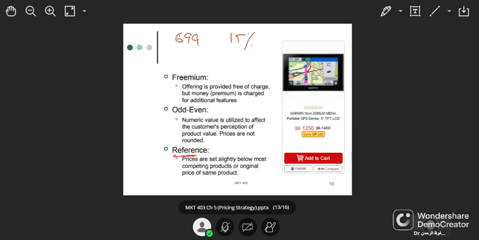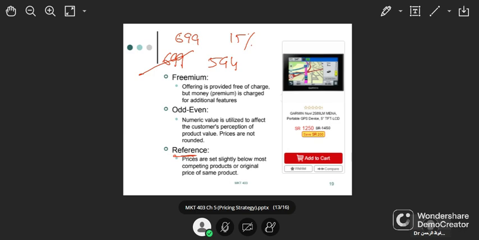But if the company puts it like this, 699 cut, 594, you will see prices where they show the old price, cancelled, and the new price.